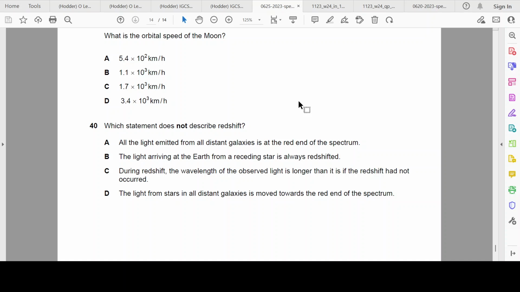It could be yellow or blue or white. So option A is not true.